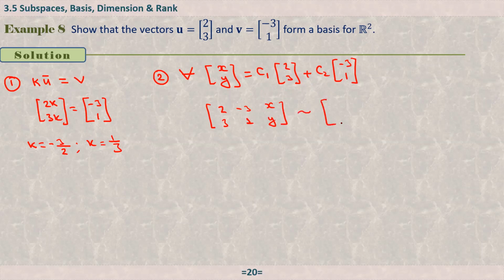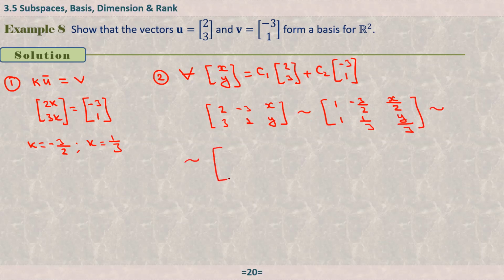If we reduce this to reduced row echelon form, let's multiply the first row by 1 over 2, so we have 1, -3 over 2, and x over 2. The second row we multiply by 1 over 3: 1, 1 over 3, y over 3.